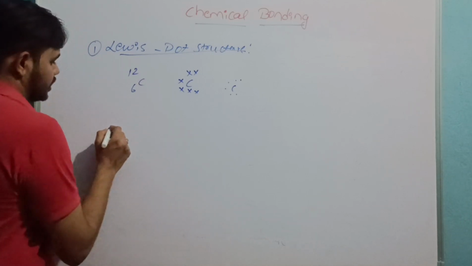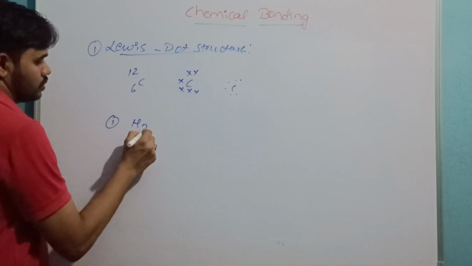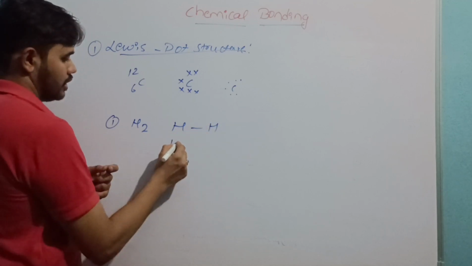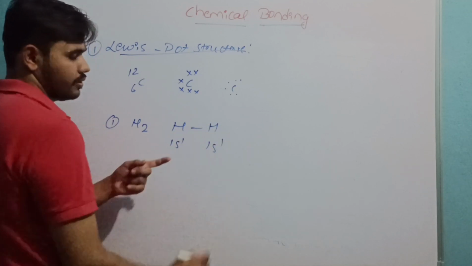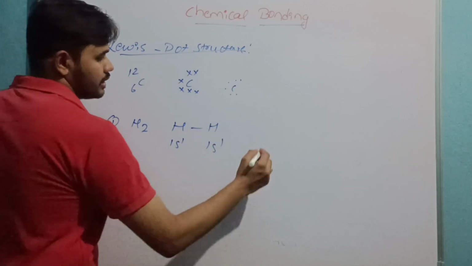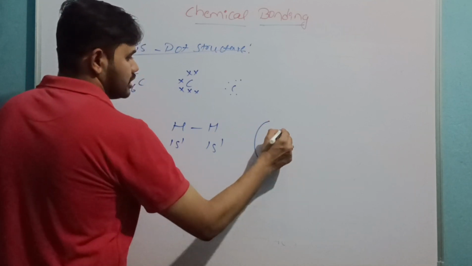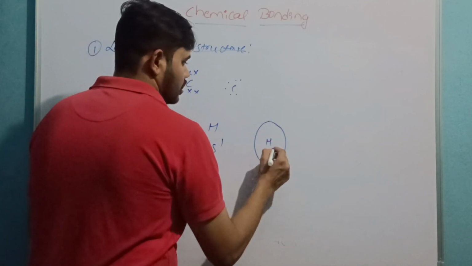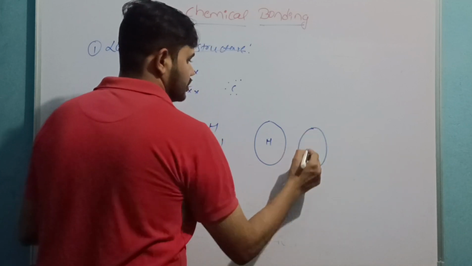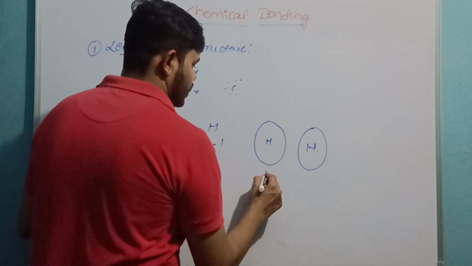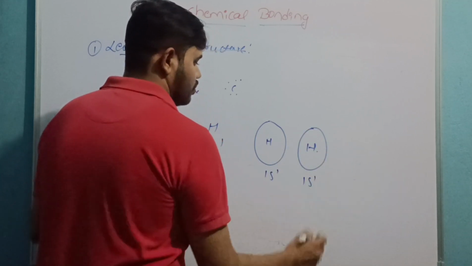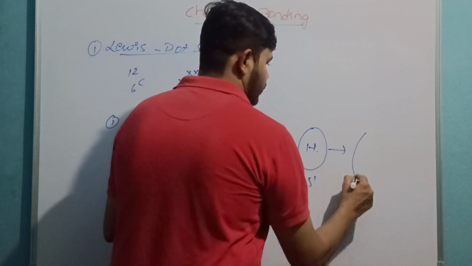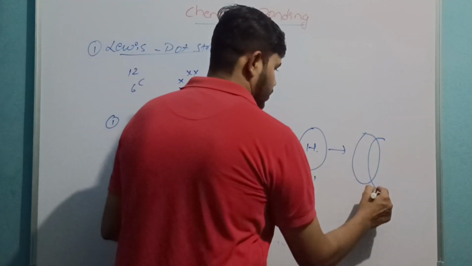Now for the first example, H2. One hydrogen has electronic configuration 1s1, and the other also 1s1. We know that an s orbital is spherical in shape. One hydrogen and another hydrogen are both spherical, each with 1 electron, and the bond formed in between is a covalent bond.